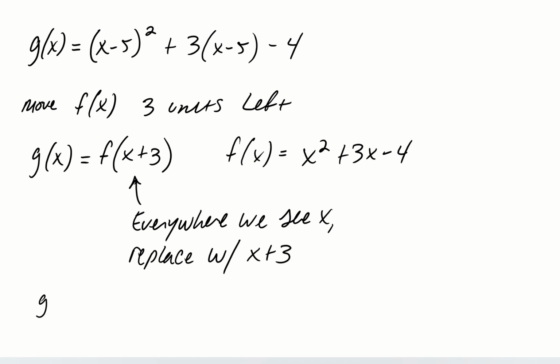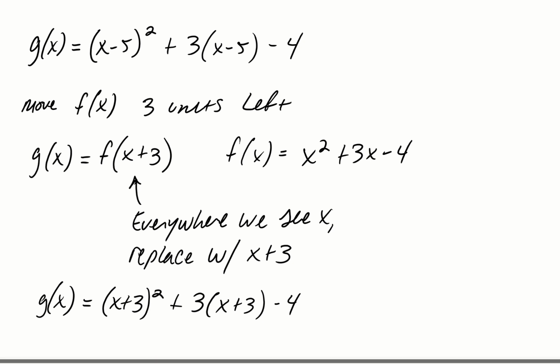So g of x is going to equal x plus 3, the quantity squared, plus 3 times the quantity x plus 3 minus 4. That would be an acceptable answer. Again, you can simplify this, but we'll work on that later.